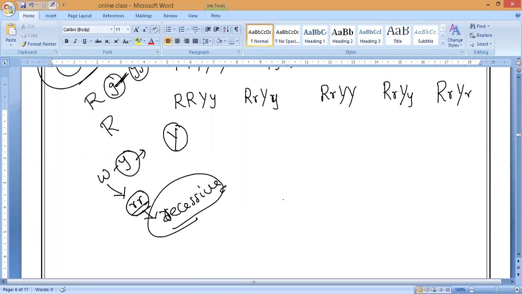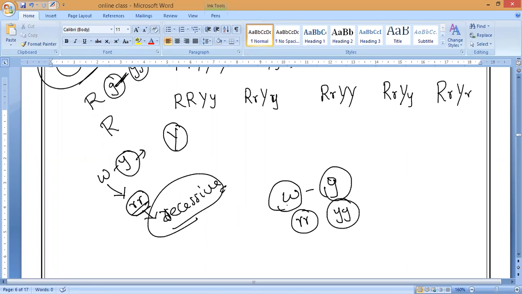And the same way, wrinkled green seed means always one pair of small r and one pair of small y's. That is the only possibility for wrinkled green seeds, because both are recessive genes. So this is the F2 generation.